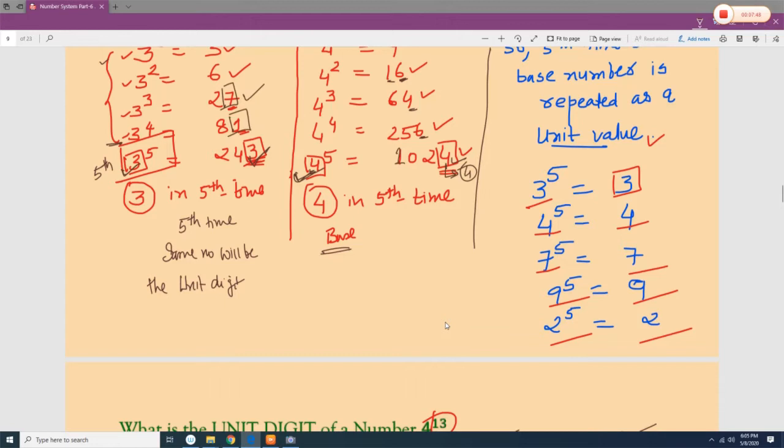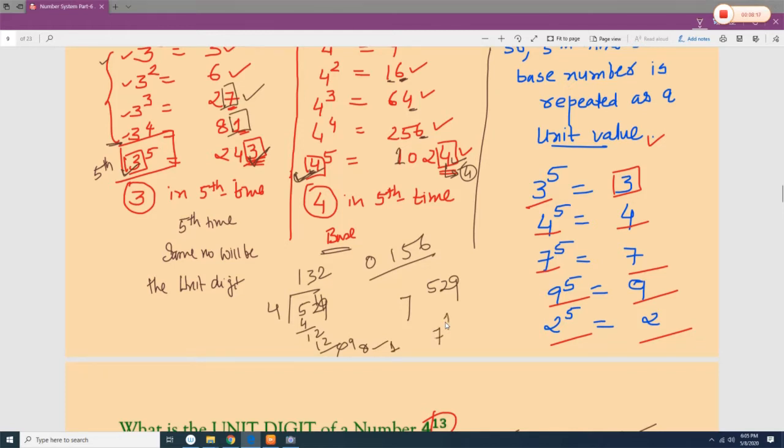So whenever there is a number other than 0, 1, 5 and 6 at the unit place, whatever the power given, let's say 7 to the power 529, you have to divide 529 by 4. 4 ones are 4, 1 left, 4 threes are 12, then 9, 4 twos are 8, and the remainder will be 1.